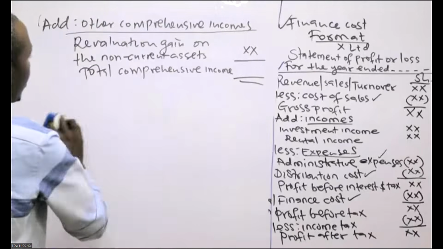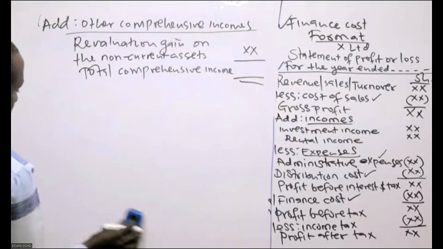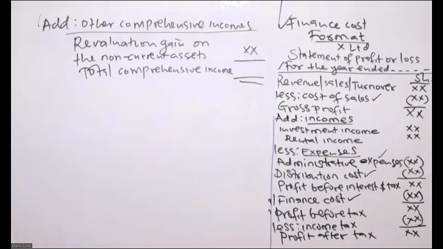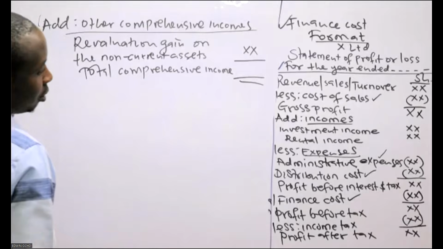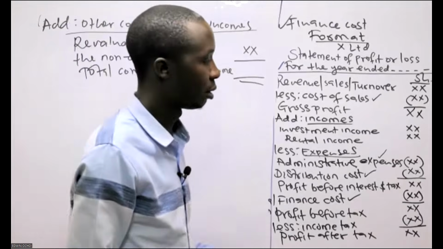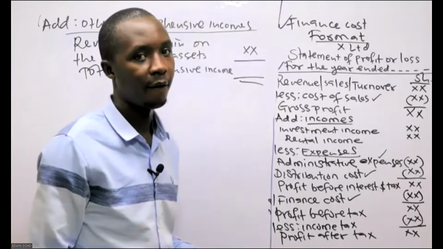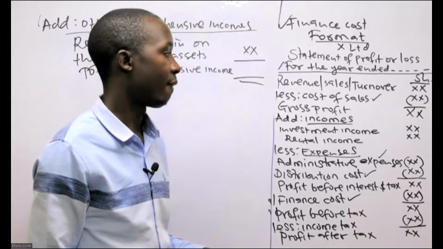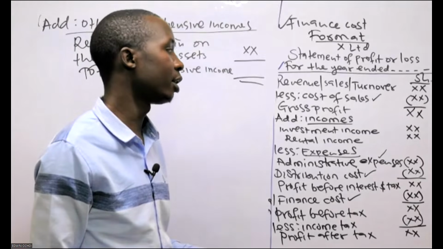Mwalimu, I have a question. Yes. The format that you've given us, the format in the group accounting, am I right if I say the only difference is the presentation of the expenses? Everything else is the same. That is correct.